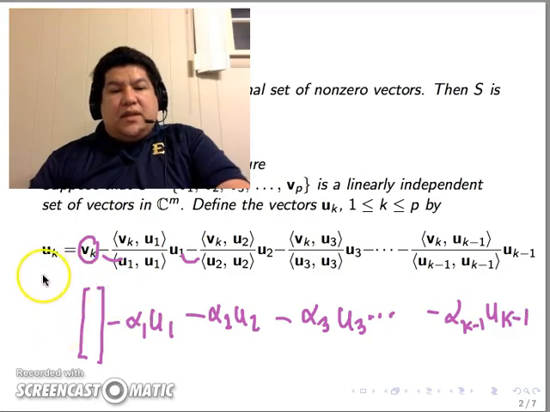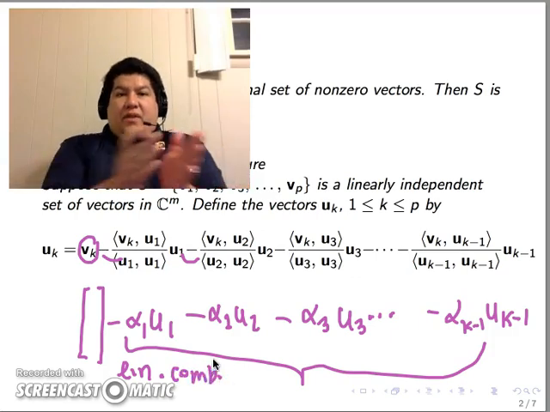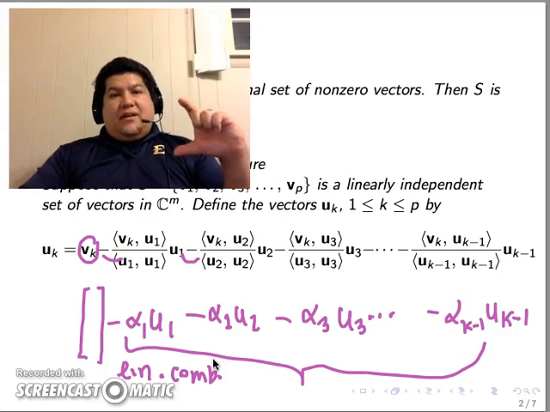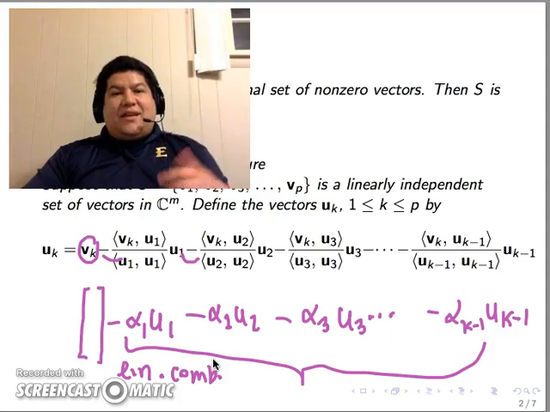The important thing is that this new vector u sub k looks basically like a linear combination, because all those terms are nothing other than the addition of scalar multiplications. Each term is being subtracted, but you can just think of the minus alpha k as a scalar itself.